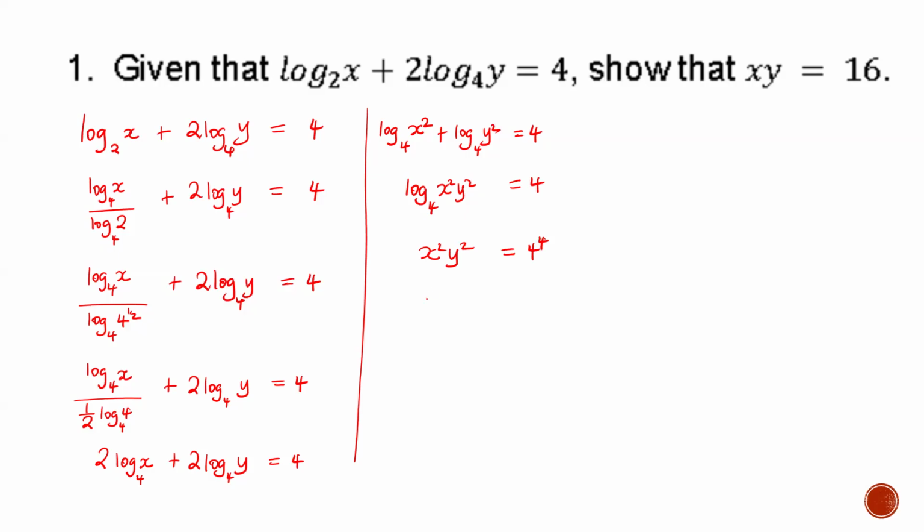And if I just decide to raise both sides to the power a half, x squared, y squared, I raise this to the power a half, and 4 to the power 4 to the power a half. This gives me xy is equal to 4 squared, which is equal to 16. And I'll have shown what I've been required to show. Are there any questions there?